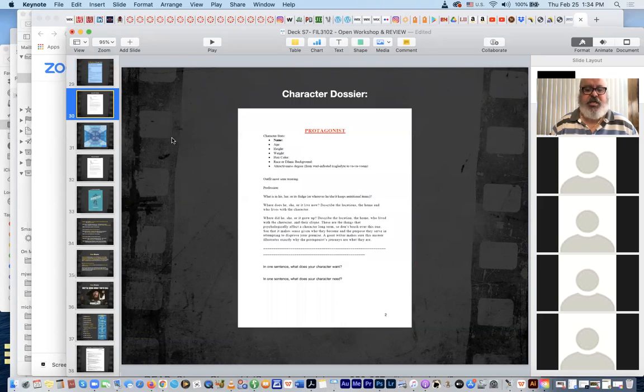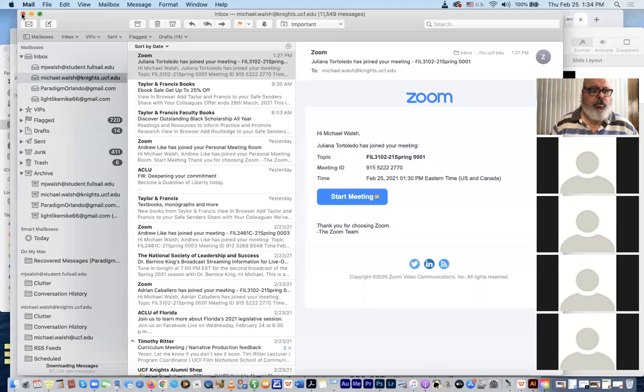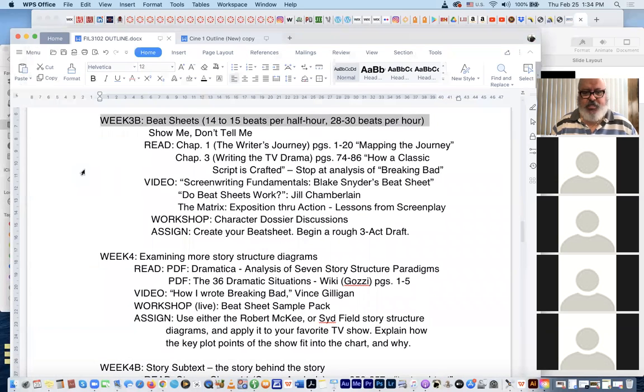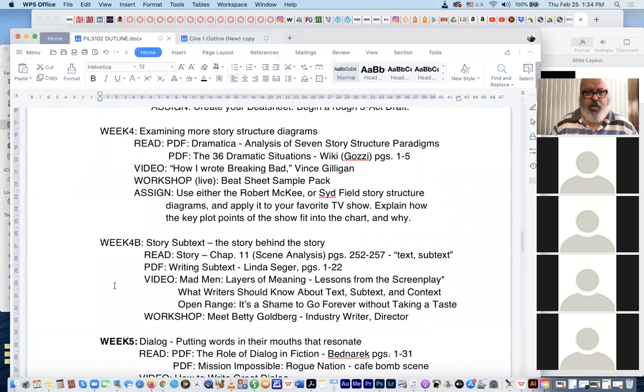In terms of the character dossier, pages 2 and 3, this is week 3B, I think, where we start really talking about protagonist and antagonist in terms of our character arcs now.